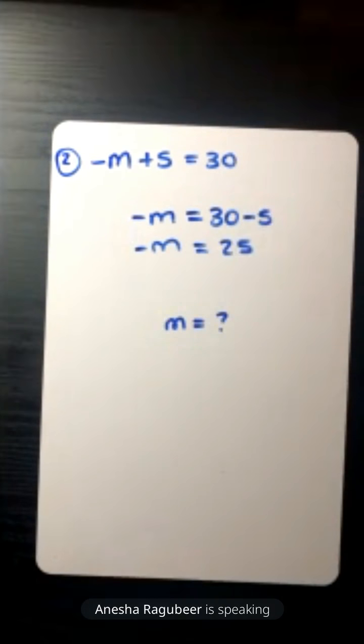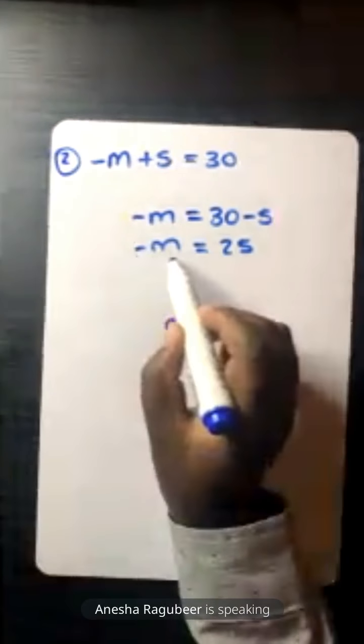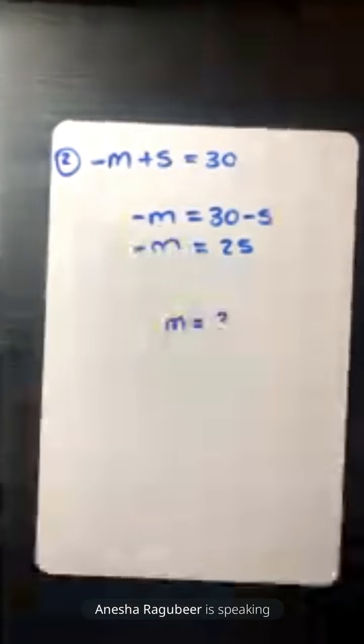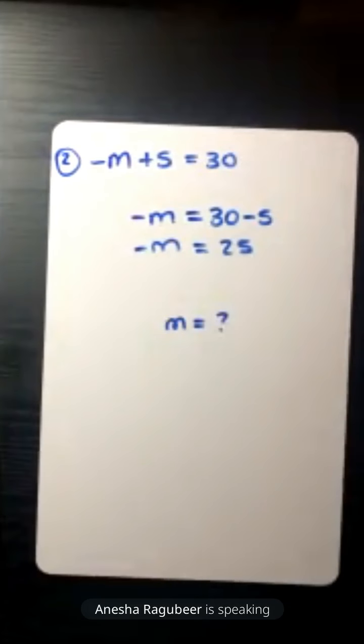Yes, sir. So that means you need to remove something there. What is it that you need to remove, Shreyas? The negative sign. I mean the M. So how do we remove the negative sign? I'm not sure.